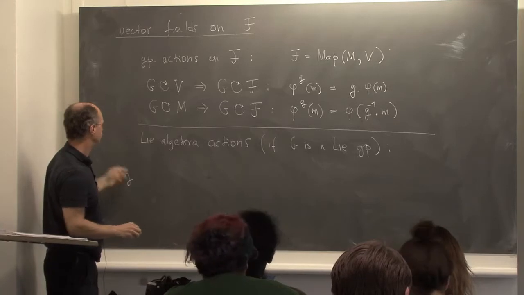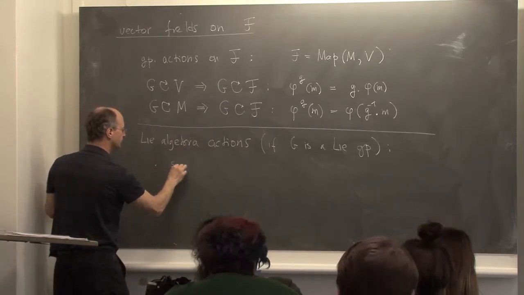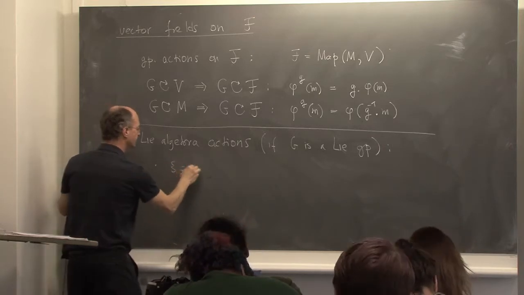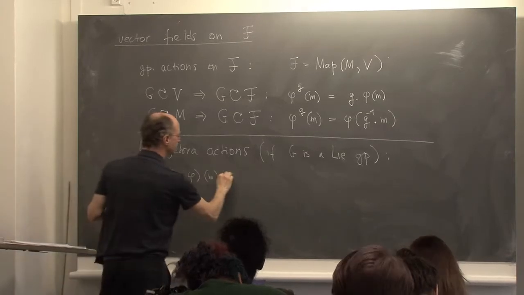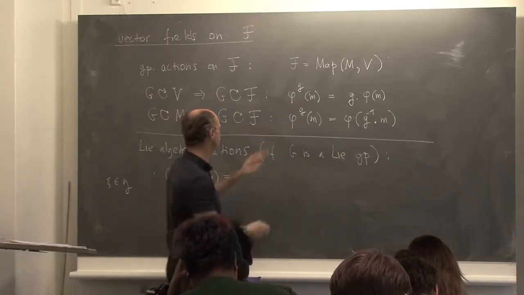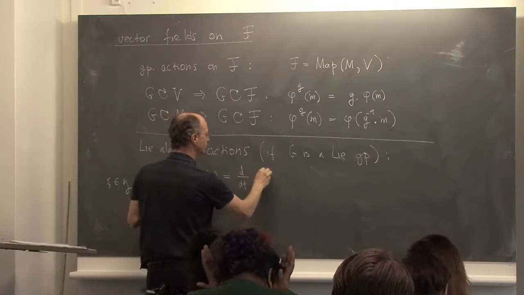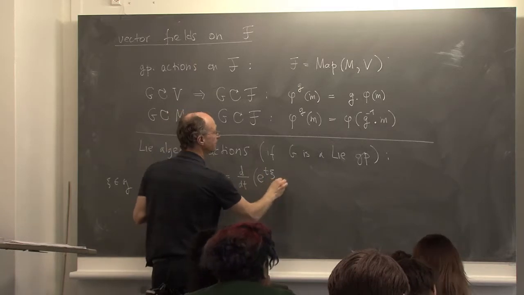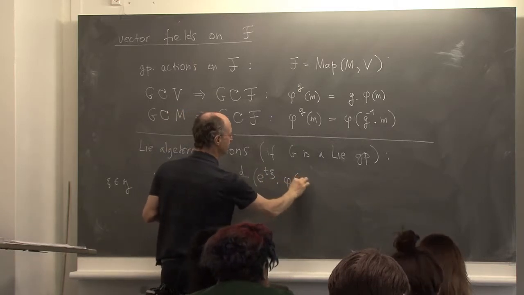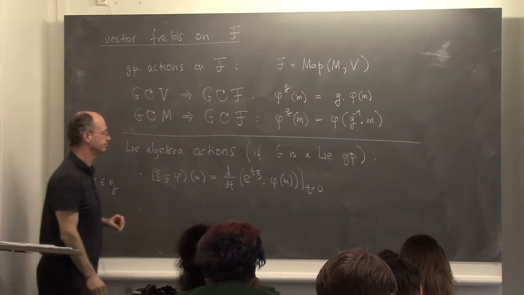In the first case, psi acting on phi at M: I should just differentiate the right-hand side for the group element exponential of t psi acting on phi at M, at t equals 0.